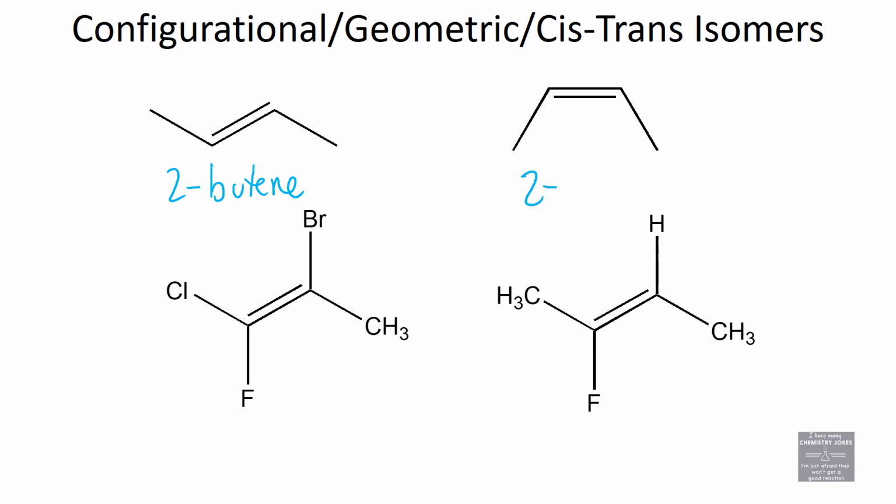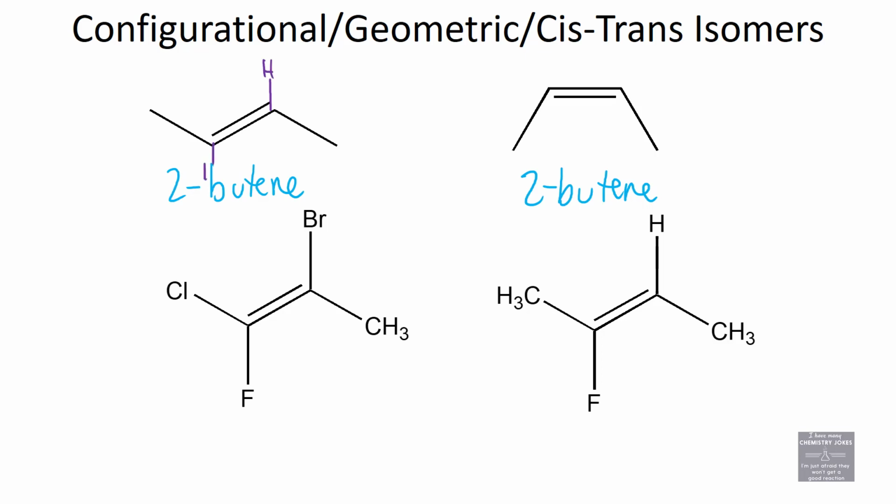This is also 2-butene. But these are absolutely different molecules because, remember, rotation cannot happen around a double bond. So we cannot convert one isomer to the other through rotation. So we have to name them differently, because naming them differently acknowledges that they are different compounds.